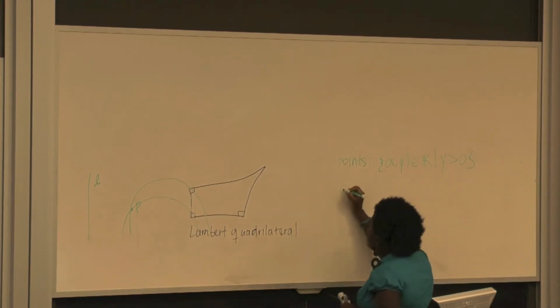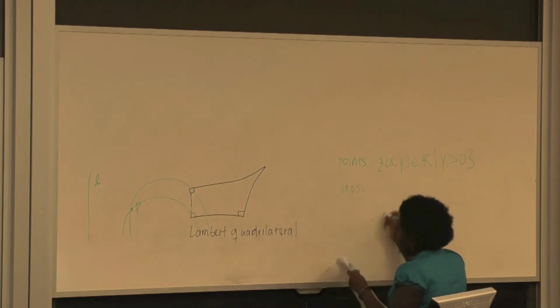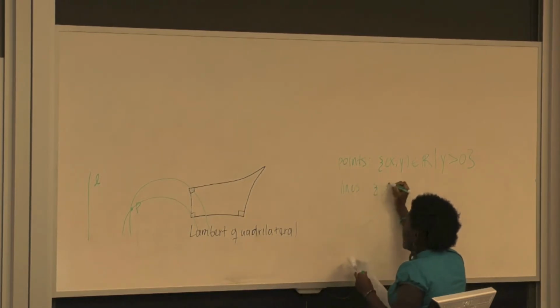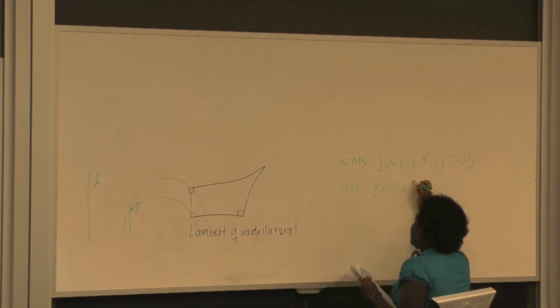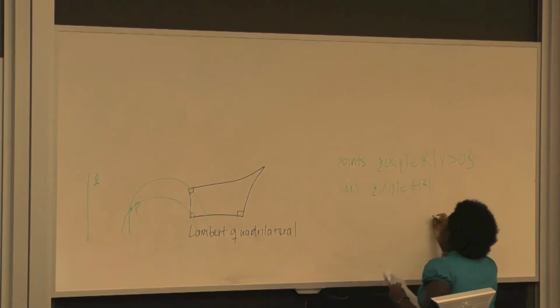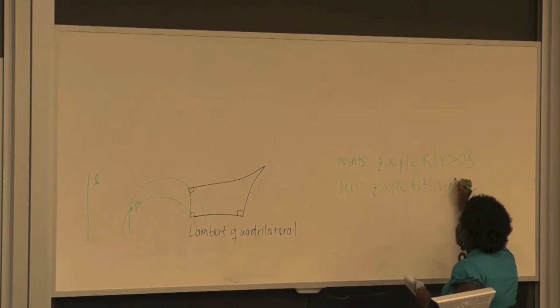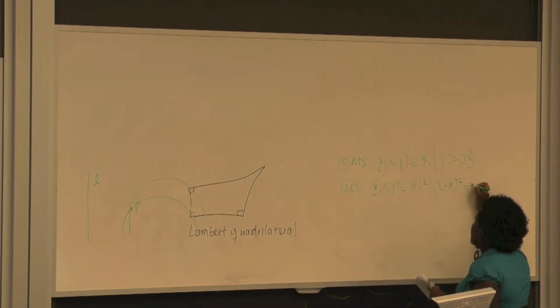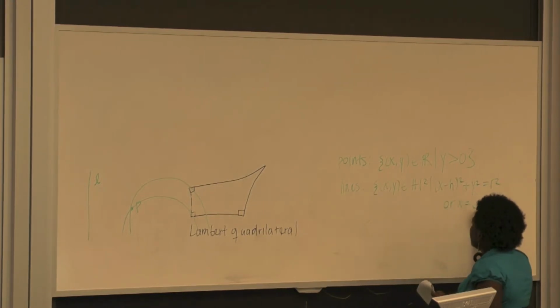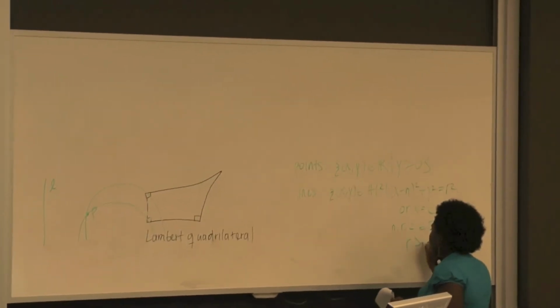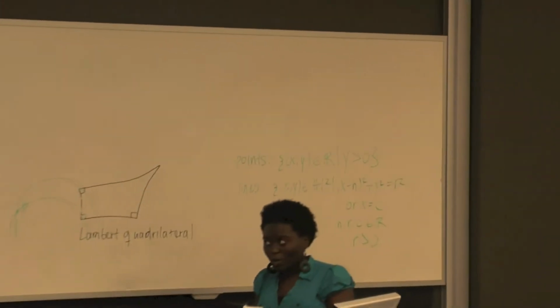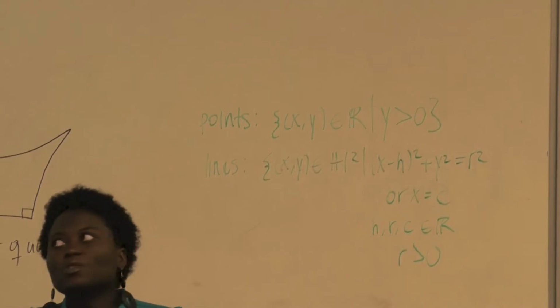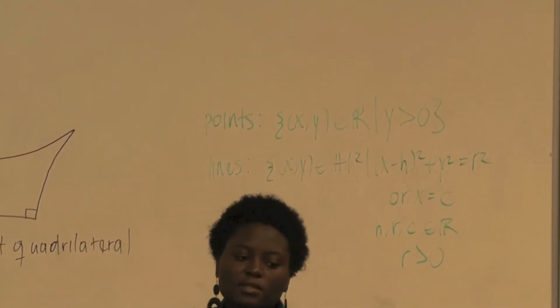And then for the lines, we want (x, y) in H2, and the lines look like (x - h)^2 + y^2 = r^2, or x = c, where h, r, and c are real numbers, and r is greater than 0. So really we want vertical lines, and then semicircles that are centered on the x-axis.